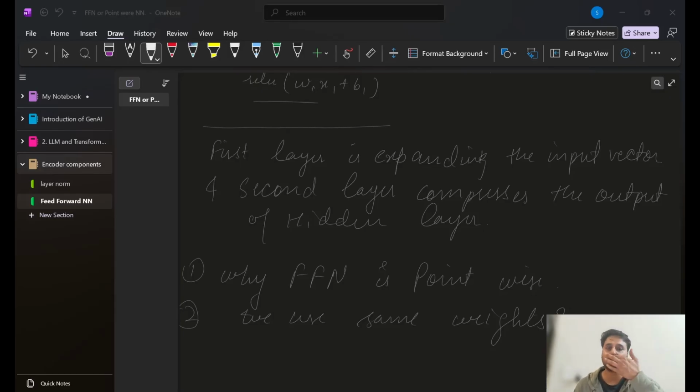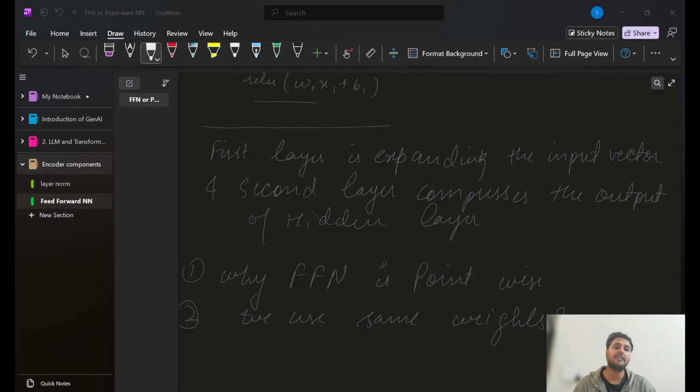Inside the transformer feed forward network, every token position uses the exact same weight matrices W1, B1, W2, B2. So for example, token 1 uses W1 W2. Token 2 uses the same W1 W2, as we can see in our numerical example. Similarly, token 3 uses the same W1 W2. This is intentional, not a mistake. Let me explain why.